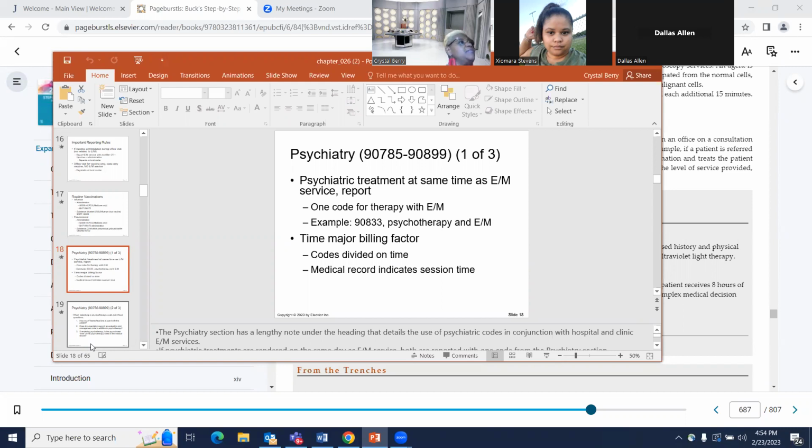What is the name of the dialysis that involves using a body cavity as a filter? A, peritoneal, B, renal, C, cavitary, or D, infusion?